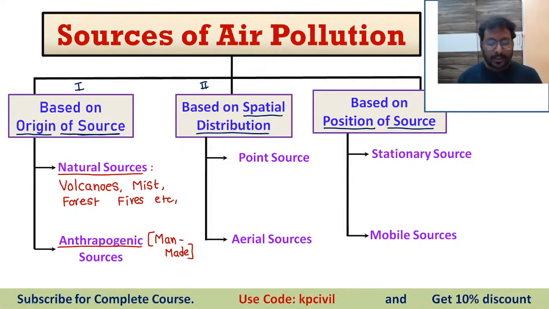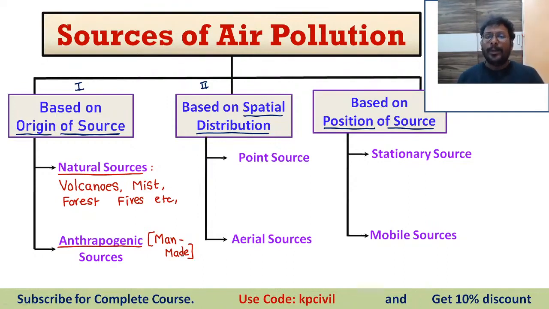So anthropogenic sources, man-made sources, include industrial air pollution, vehicular emission, cigarette smoking, burning of fossil fuels, whatever it may be: human-involved air pollution.